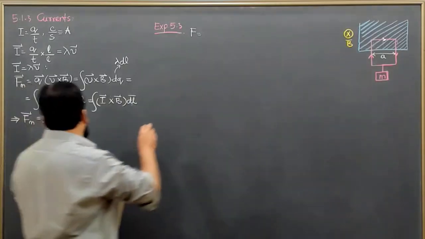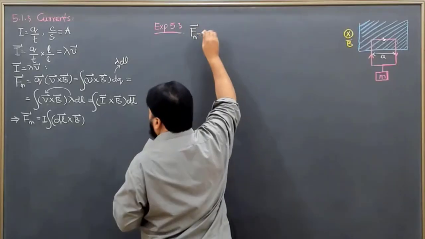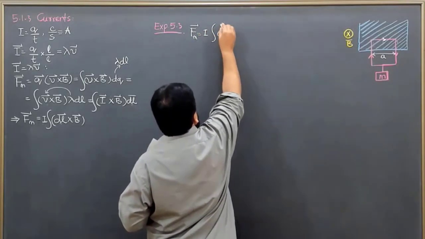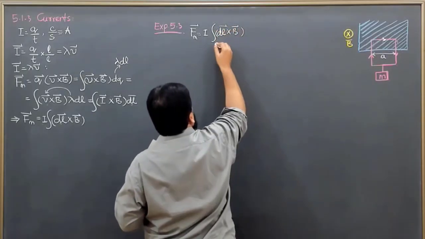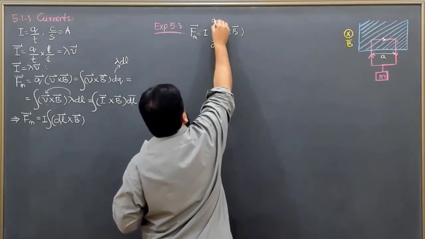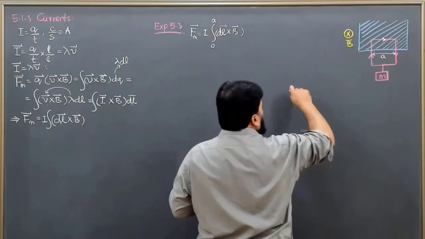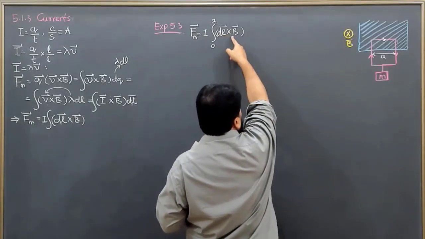So let me write this. F magnetic is equal to I integral of dl cross B, and dl is running from 0 to a here. Now what about dl cross B? It will become B dl sine of the angle.